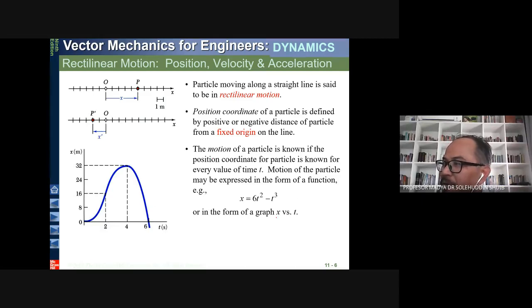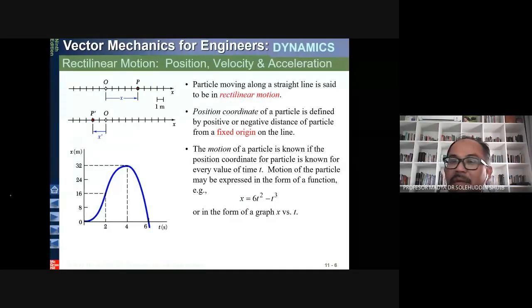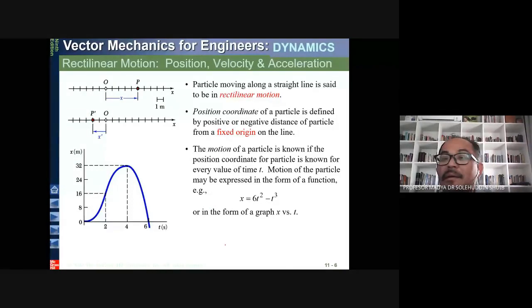This is the graph of x versus time, displacement versus time. We can plot this graph as the following, with x equal to 6t square minus t cube.